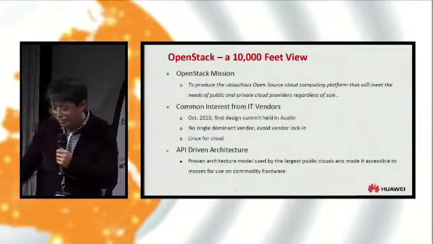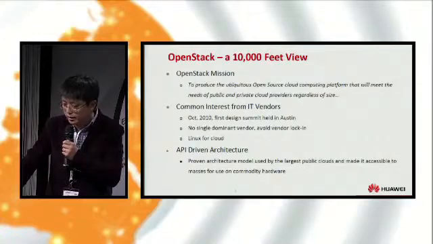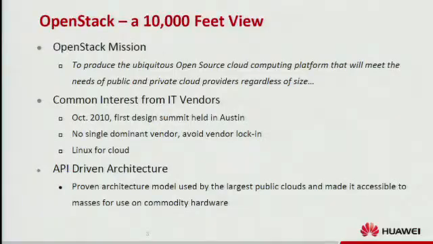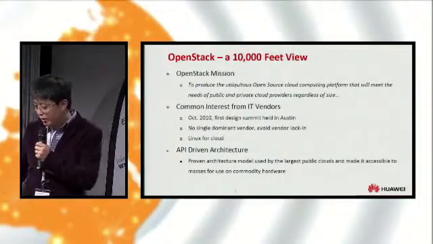So OpenStack. I think nowadays people are very interested in cloud technology, and OpenStack in this space is something we need to discuss. I think OpenStack has its mission. It's basically trying to mimic AWS, originally. So it's basically trying to say we want to produce a ubiquitous open source cloud computing platform to meet all the needs of public and private cloud.